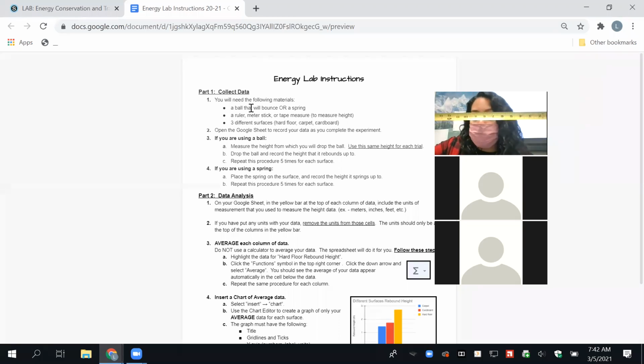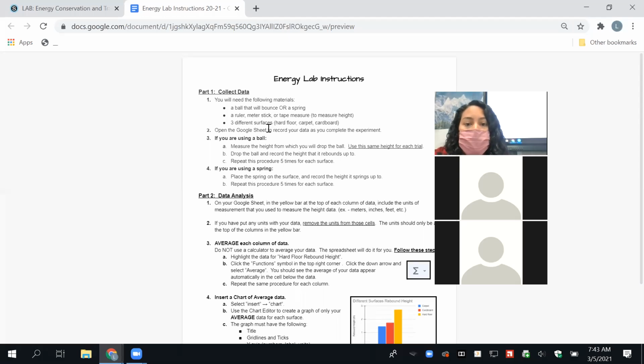You can decide what you're going to measure in. If you feel more comfortable with inches, that's fine with me. Or a measuring tape, like if you have someone in your house that sews or has a sewing kit, those very frequently have those, that measure your waist or something like that. That works, or a ruler, anything like that.